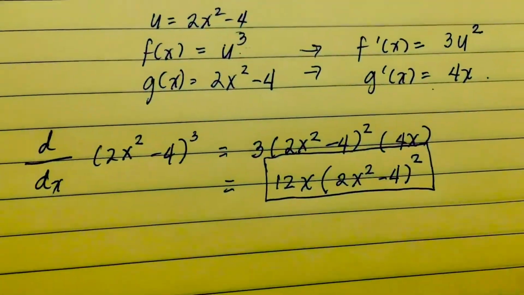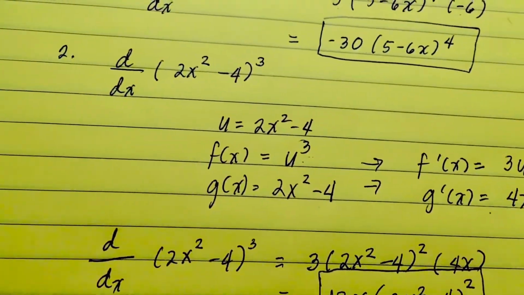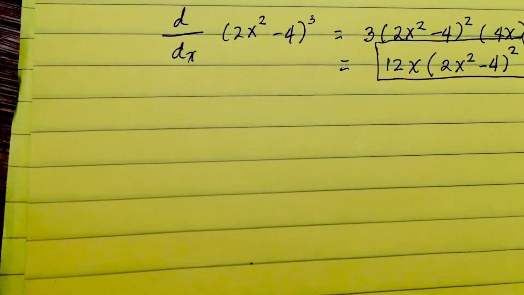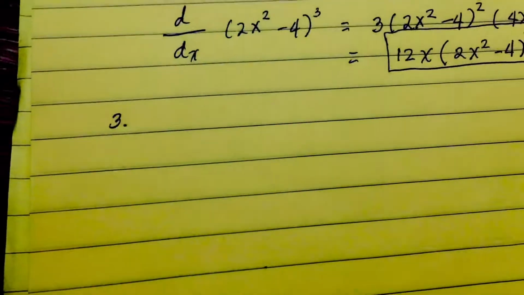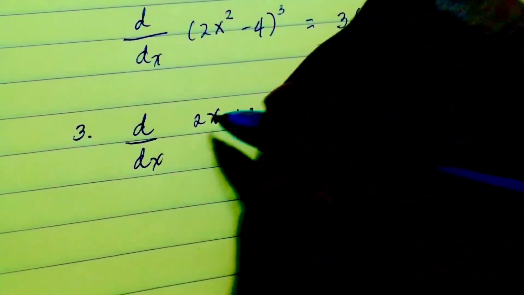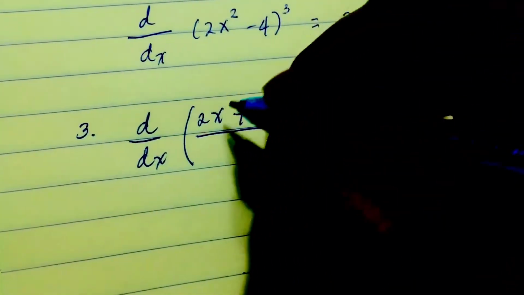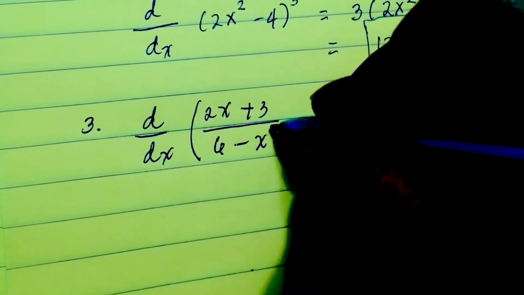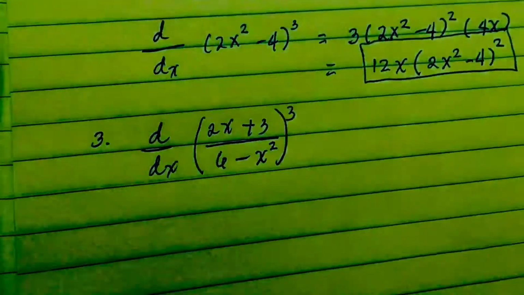Okay. How about if I apply the quotient rule? Okay, example number 3. Derivatives of 2x plus 3 divided by 6 minus x squared, then cube.